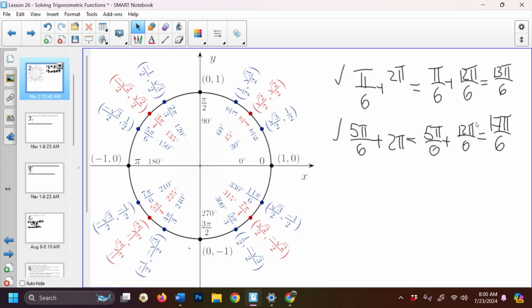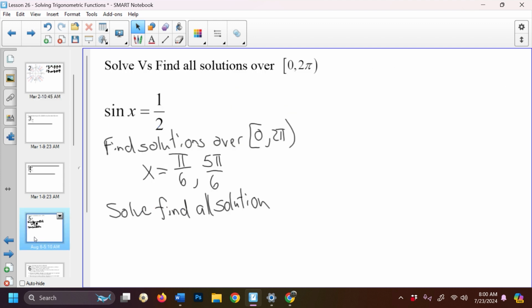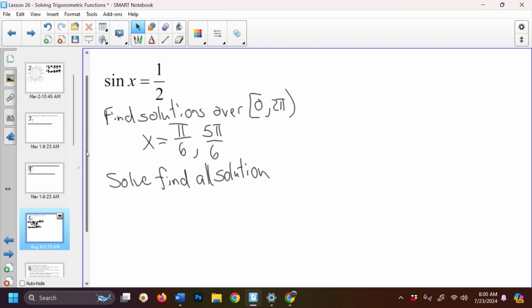The way that I'm going to do that is I am going to add multiples of 2 pi. So I will have x is equal to pi over 6 plus multiples of 2 pi. There's my 2 pi, and I'm going to say times n.